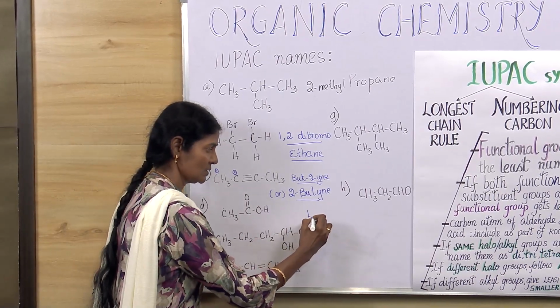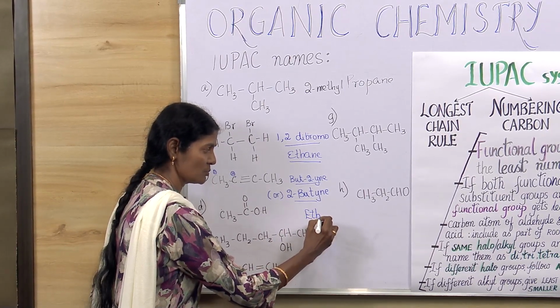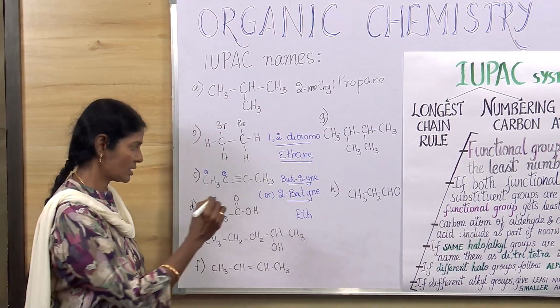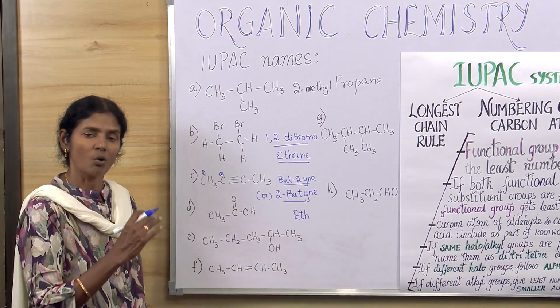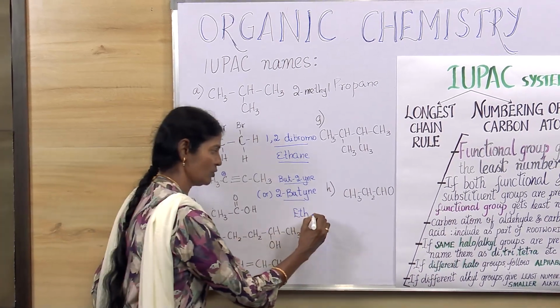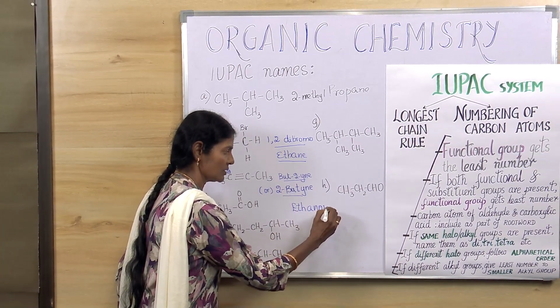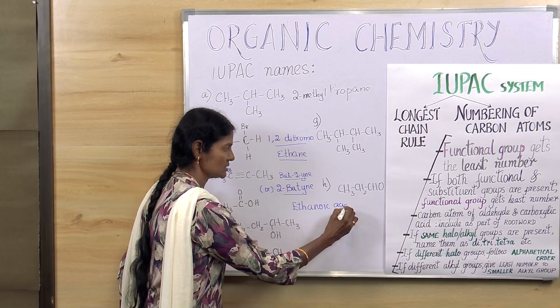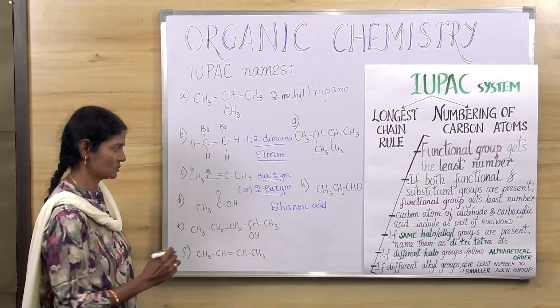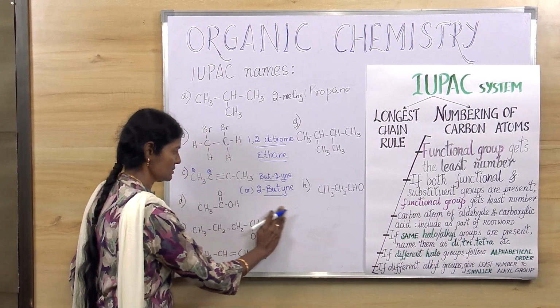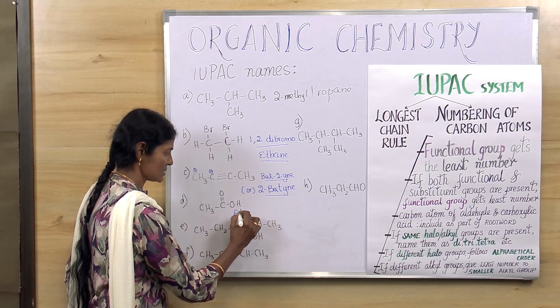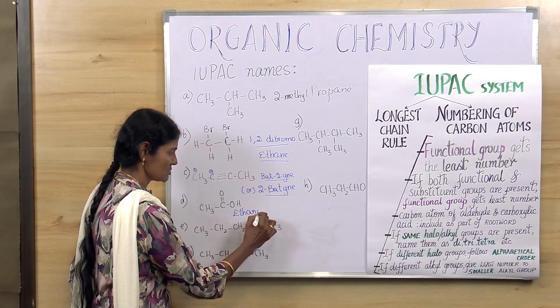Therefore, the root word would be eth. And a carboxylic acid ends as oic. Therefore, ethanoic acid. This is the name of this compound. Okay, let's write it here. Ethanoic acid. Done. So, this is over.